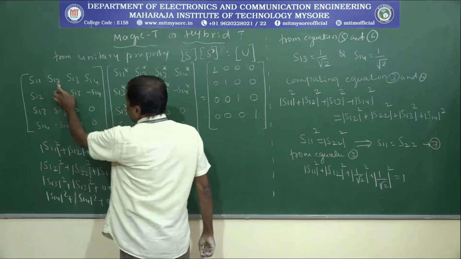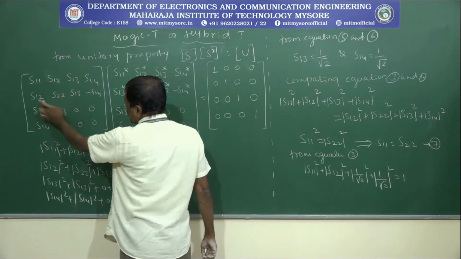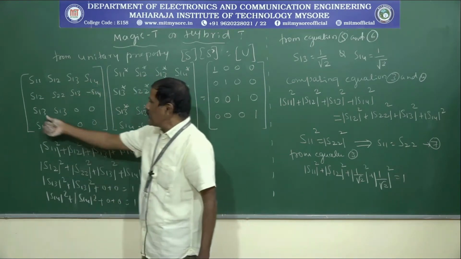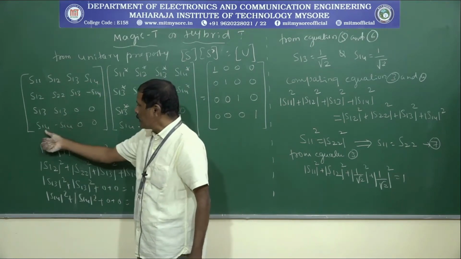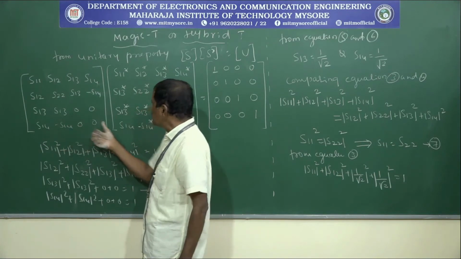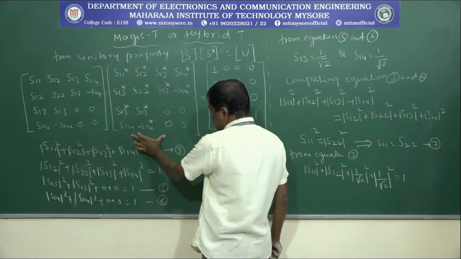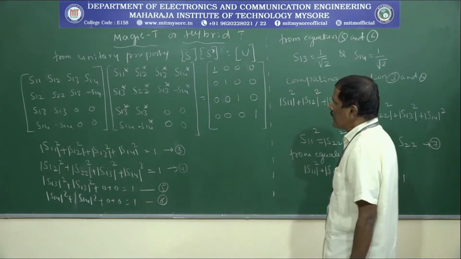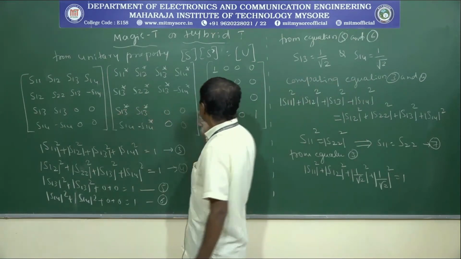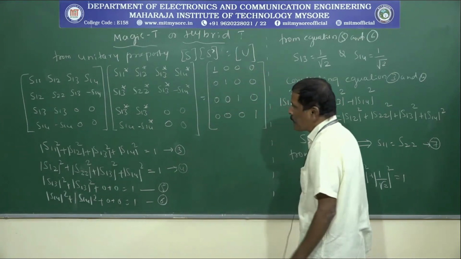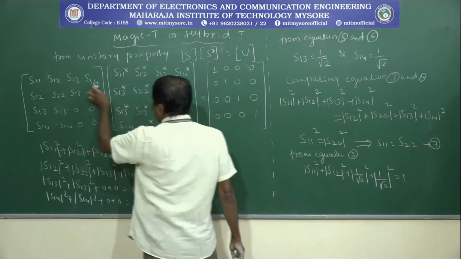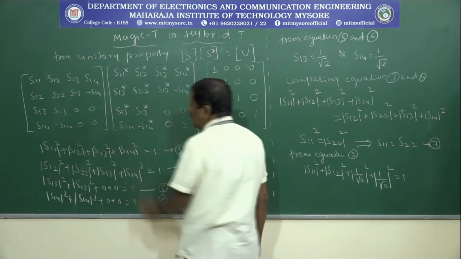That is S11, S12, S13 and S14, S12, S22, S13, minus S14, then S13, S13, 0, 0, S14, minus S14, 0, 0, and these values are the complex conjugate of this. The multiplication of these two must be equal to U. Next, take the first row and multiply with the first column.